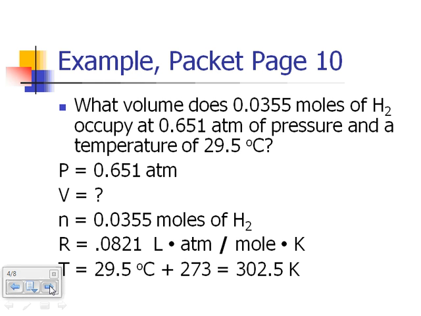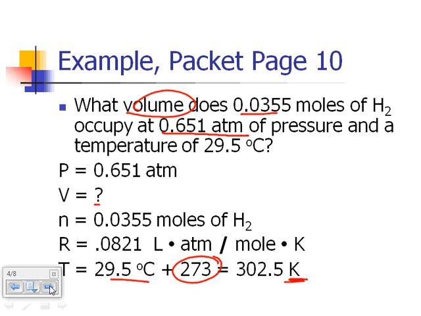Pressure is 0.651 atmospheres. The question is what volume? So that's where your question mark is going to be. You're given the number of moles, n, and you're given the temperature, 29.5 degrees C. Again, you need to convert that into Kelvin, so you need to add 273 to get that unit in Kelvin.